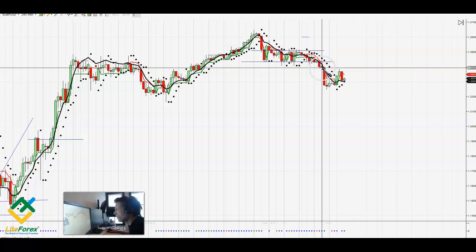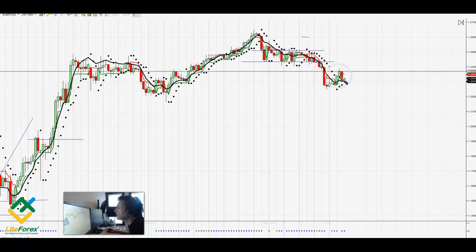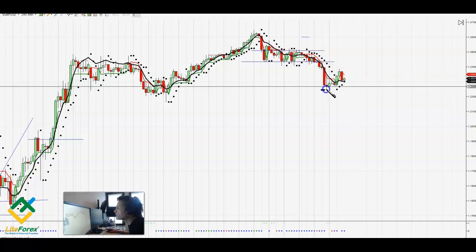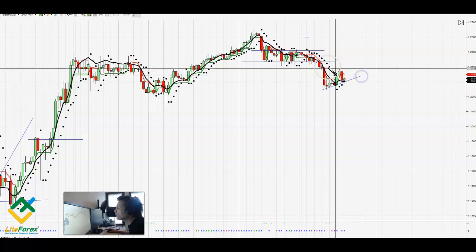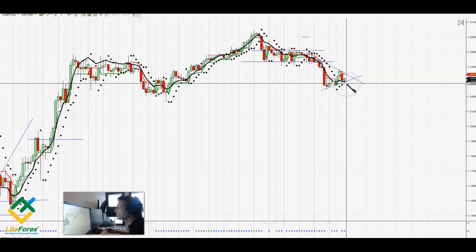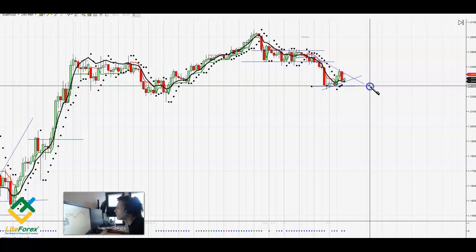That's where you would sell. It pulls back, and then we have a recovery, and now we're setting up to either break to the upside or break to the downside. So let's see if this can hold 1.2273.